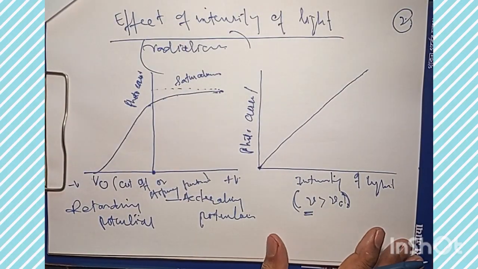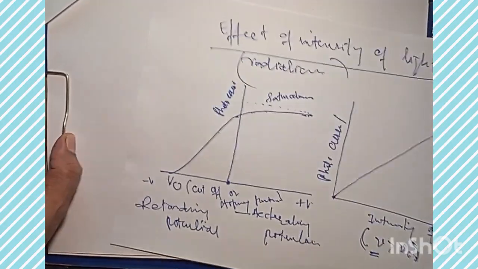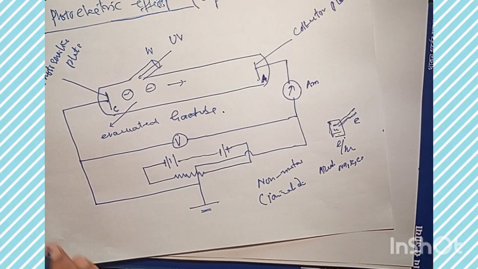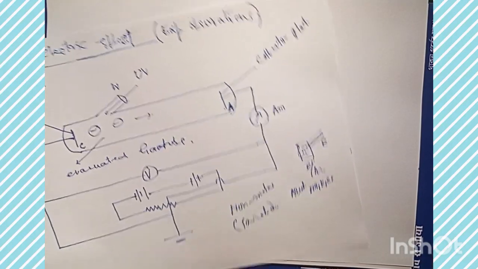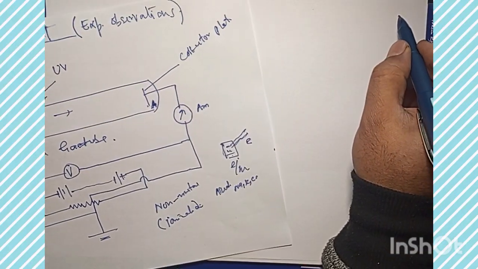Now, after this, we would like to see what we observe when we use light of different intensities.